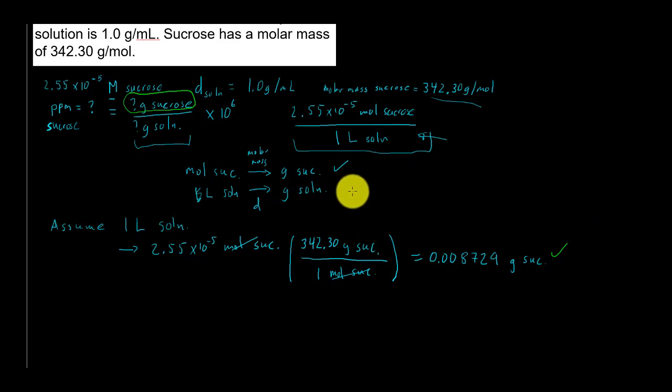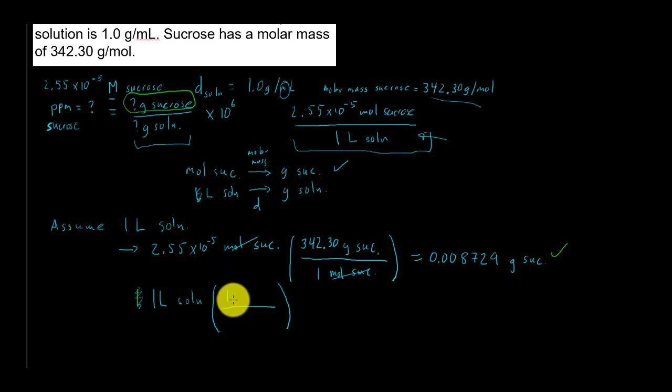Now I need to do this next bit where I go from liters of solution to grams of solution. So I've assumed that I have 1 liter of solution, right? 1 liter of solution, and I want to convert that into grams. So to do that, I need to use the density. But the density is in units of grams per milliliter. But I know how to convert from liters into milliliters using metric prefixes.